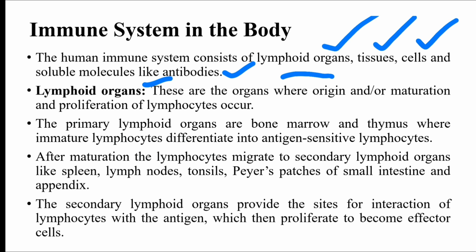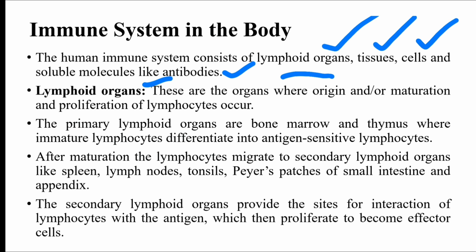The primary lymphoid organs are bone marrow and thymus, where immature lymphocytes differentiate into antigen sensitive lymphocytes. After maturation, lymphocytes migrate to secondary lymphoid organs like spleen, lymph node, tonsils, Peyer's patches.